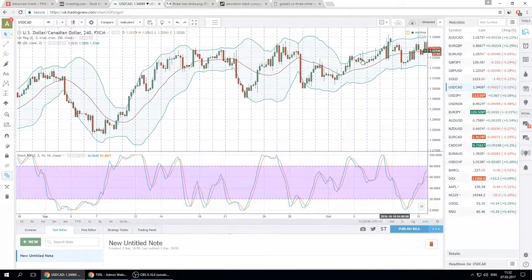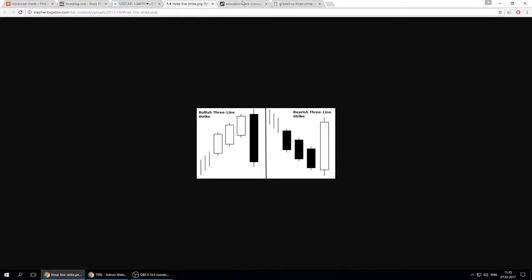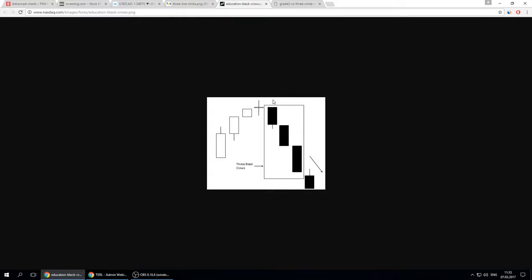On such a chart they would be the red ones. Okay, so as you see, they usually appear on the top of the trend, and that's the trend reversal pattern.